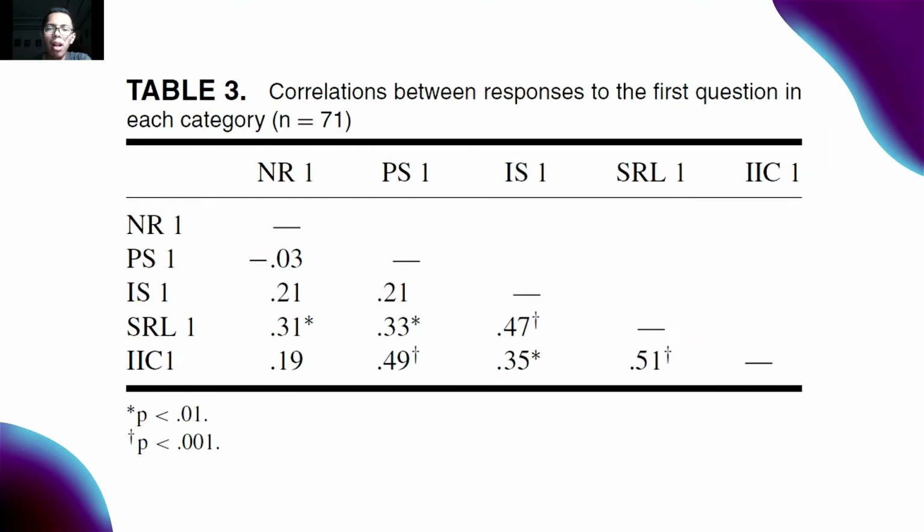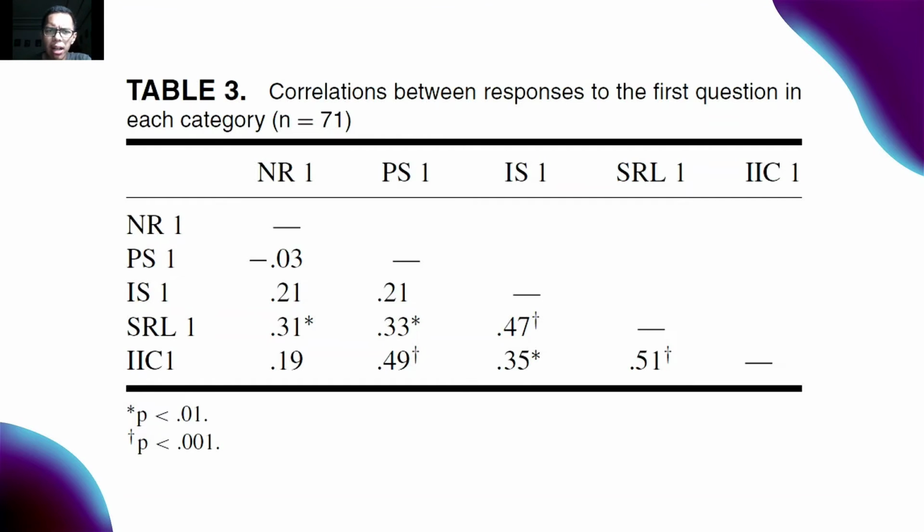Next, we examined the relationship between response to key questions and mood. To do this, we examined the correlation between ratings on the first question in each category and the BDI score. Significant correlations were observed for four questions. Negative reinforcement: r equals 0.307, p less than 0.01. Incentive salience: r equals 0.397, p less than 0.001.